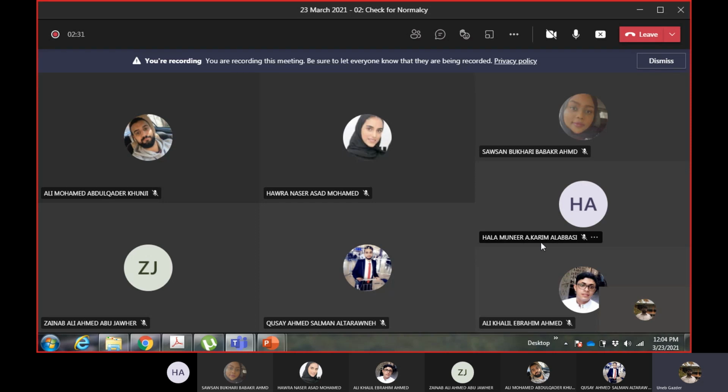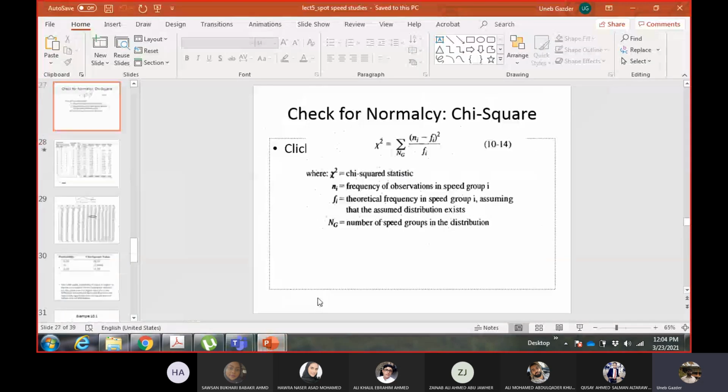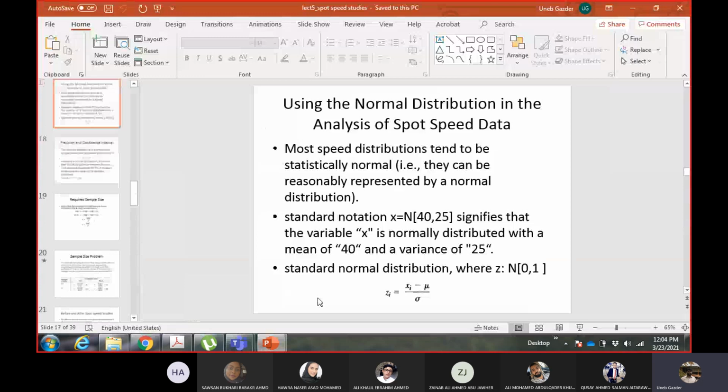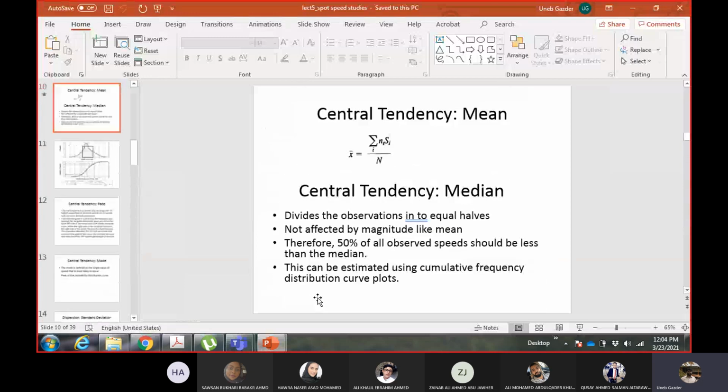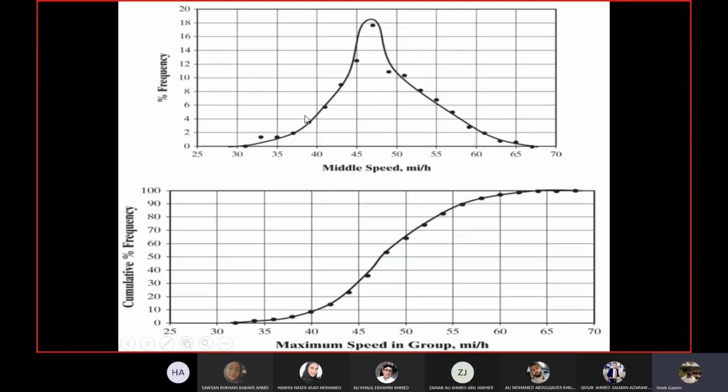about the normal distribution concept again. So initially we said spot speed follows normal distribution by looking at the graph. That if the graph is bell shaped, it's a symmetric graph, so we said it's a normal distribution. Now you can see here, first of all, the data is real-time data, right? It's coming from the real field.